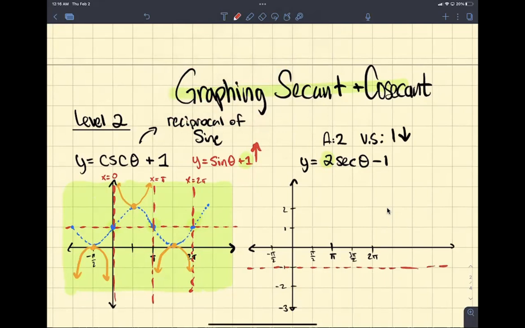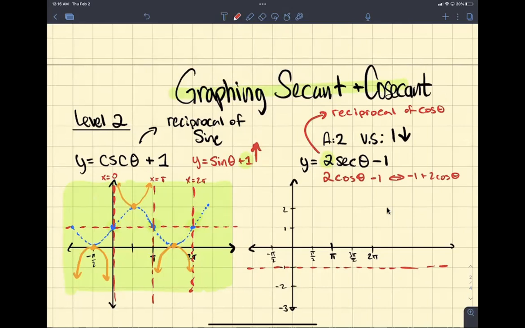But to draw cosecant, remember cosecant is the reciprocal of sine theta. So we're first gonna start by drawing 2 cosine theta - 1. Sometimes you might look at the equation like this: -1 plus 2 cosine theta. They're the same thing. They're equal to each other.